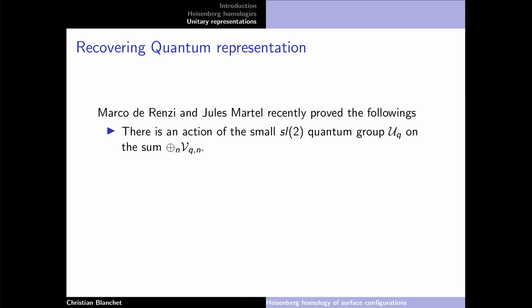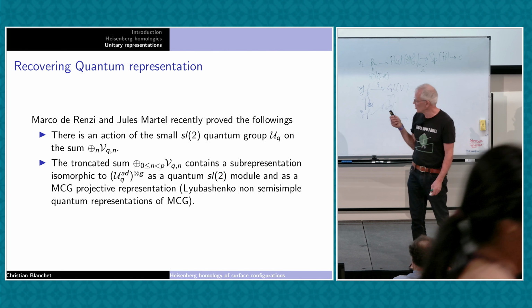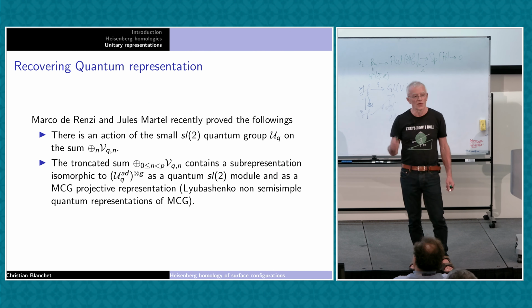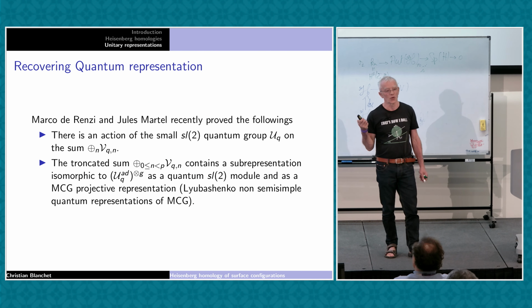Second, if you are at a p-th root of unity, you can take a truncated sum only, and inside this truncated sum, you get a sub-representation, which is g times the adjoint representation of the quantum group. For g equal to 1, you recover the adjoint representation, and this is very interesting.